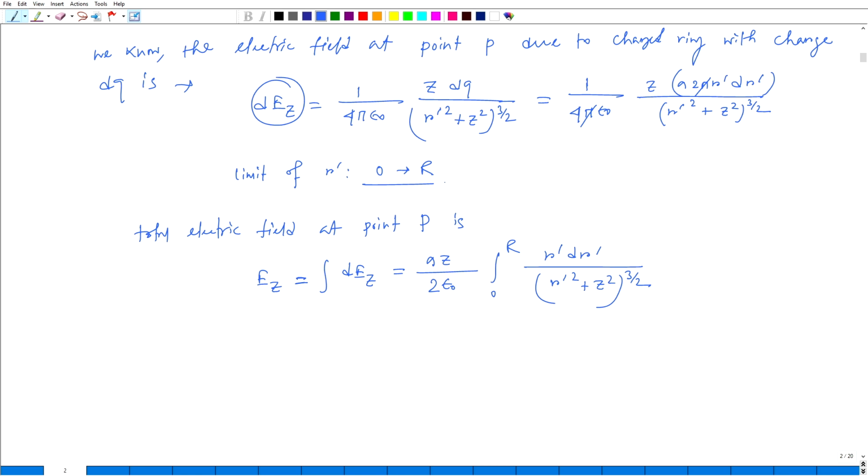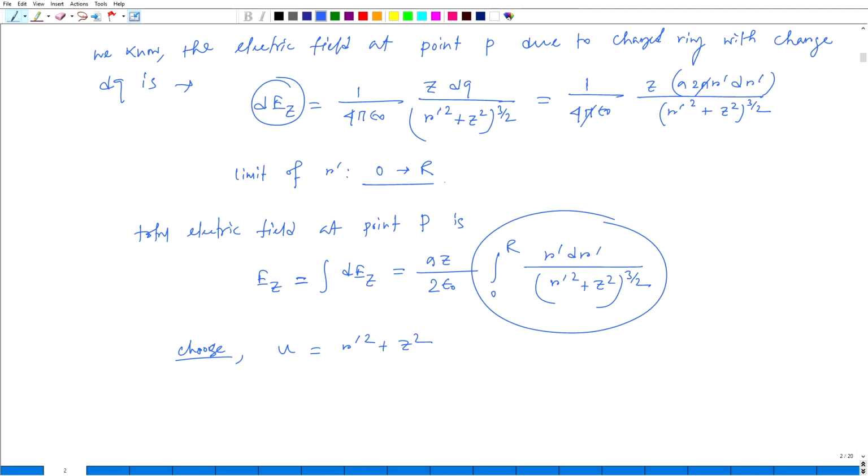So, in order to solve this integral we change the variable. We choose a new variable u, which is r prime square plus z square.